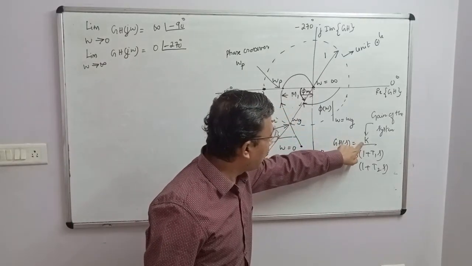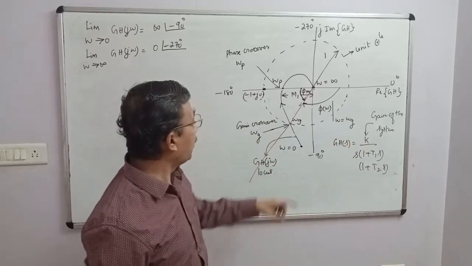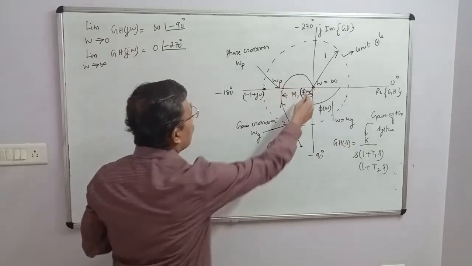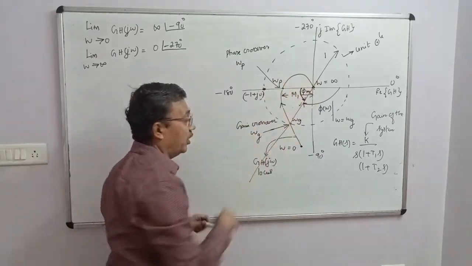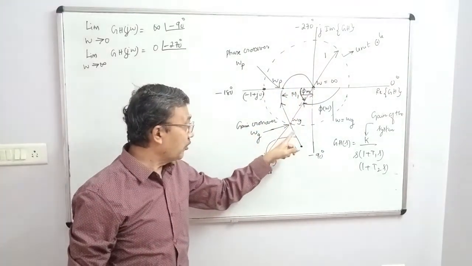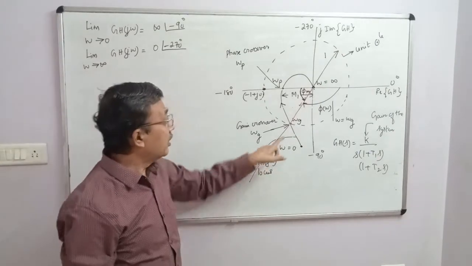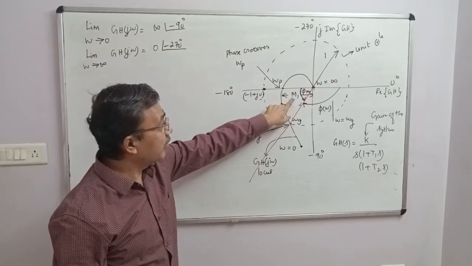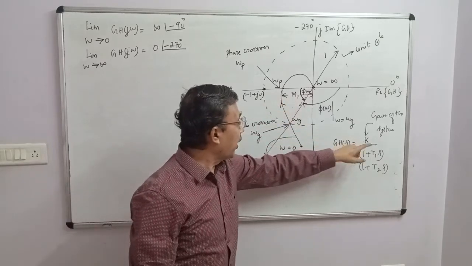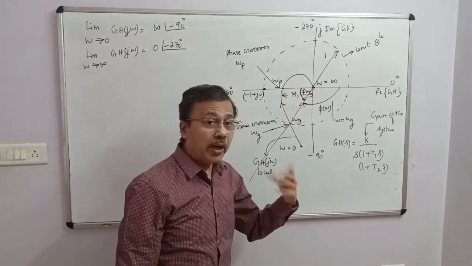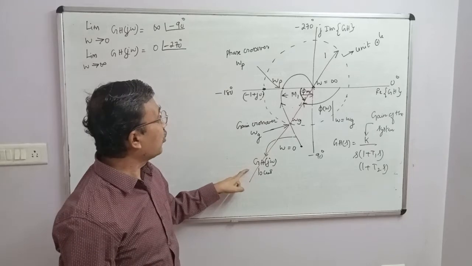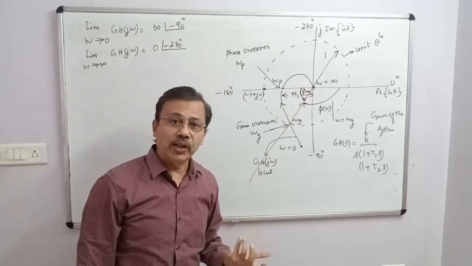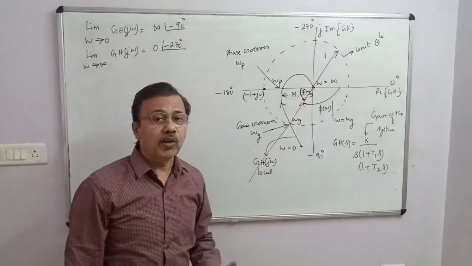If you multiply K by 1 by m1 and redraw GH of j omega locus, the same locus will pass through minus 1 plus j0 point. That means a system which was stable becomes just unstable. What I have drawn here is a stable system because m1 is less than 1. Therefore, 1 by m1 is called gain margin.